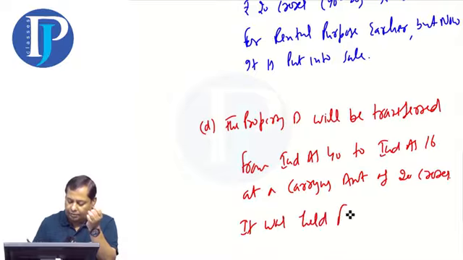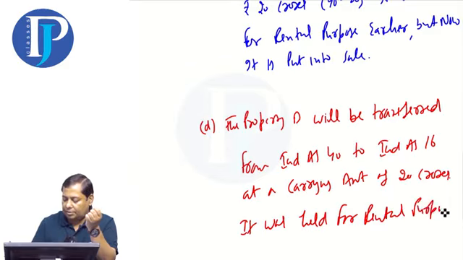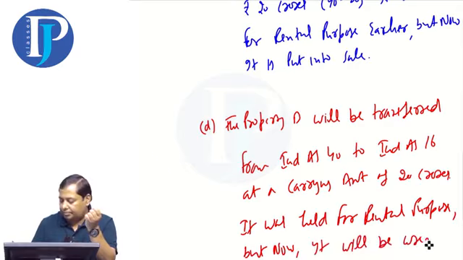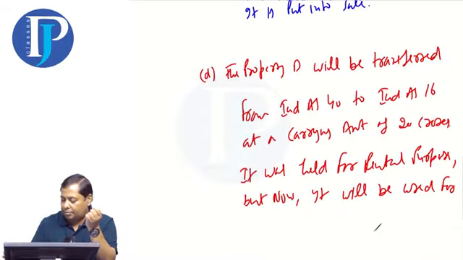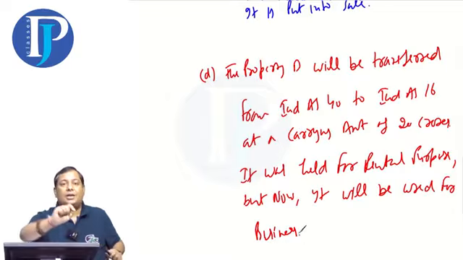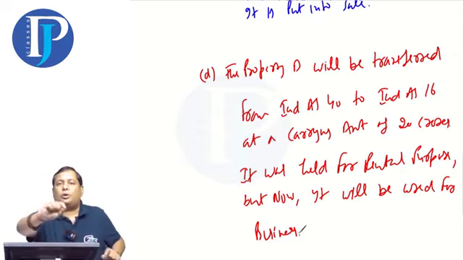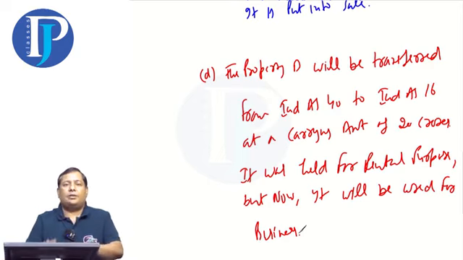It was held for rental purpose, but now it will be used for business purpose. I know I wrote it quickly. I have written it like a doctor. But I also know that you can pause me when needed and complete your notes.